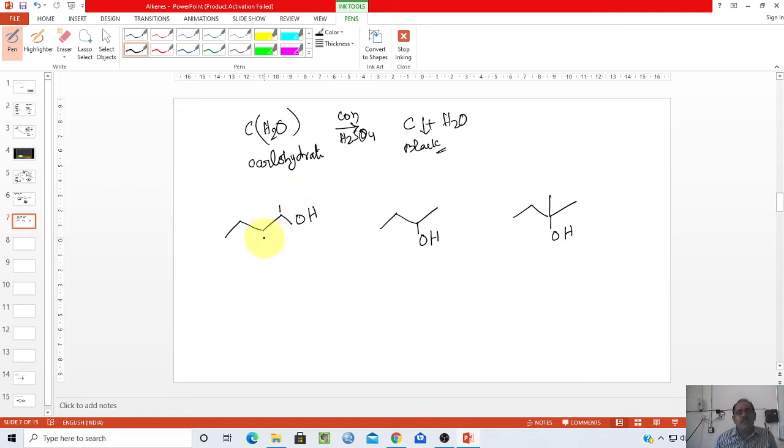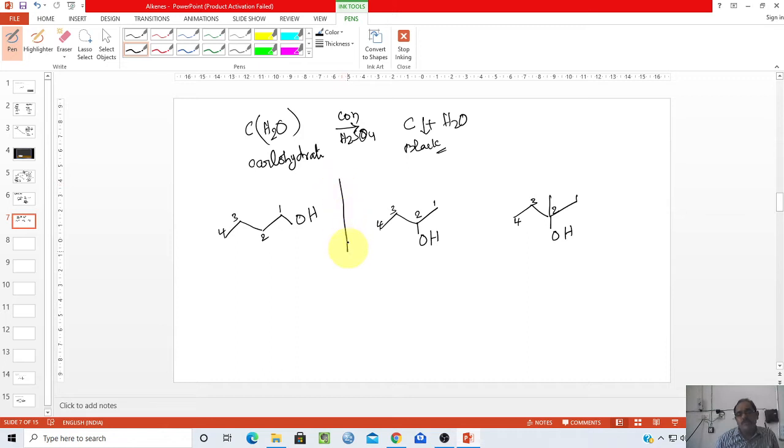One, two, three, four. The numbering system is the same in all of them if you consider. So one, two. You cannot go to the top because it ends with three. Therefore, that should not be followed. This is the lengthier chain. Parent hydrocarbon should be lengthy according to IUPAC.